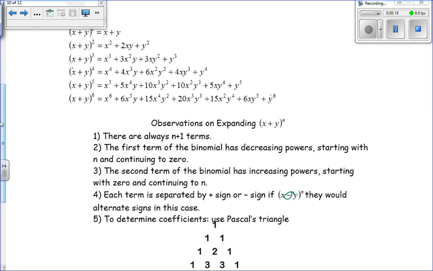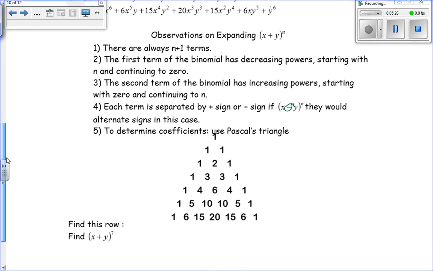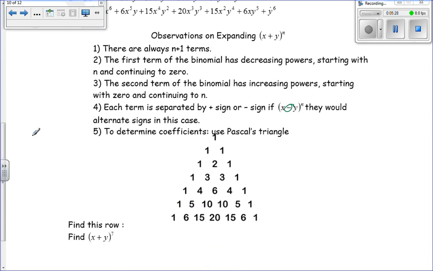And to determine the coefficients, we actually use what's called Pascal's triangle. Pascal's triangle has 1 on the outside.